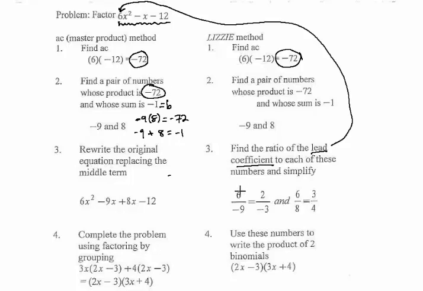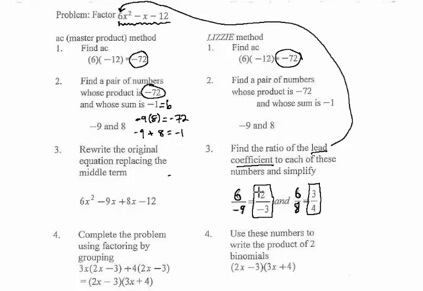What we see down here is we've taken the 6 and our two numbers that we found in step 2, negative 9 and 8, and we divide. 6 gets divided by negative 9, and 6 gets divided by the other number, 8. Then we take these two fractions and reduce them, and we get these fractions: 2 over negative 3 and 3 over 4. It turns out that these are the coefficients of our factors.